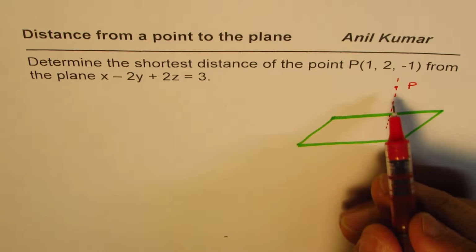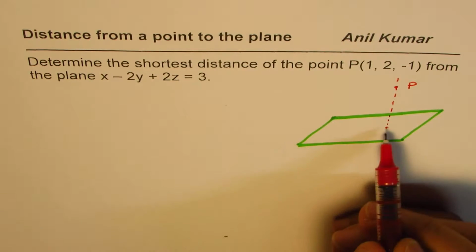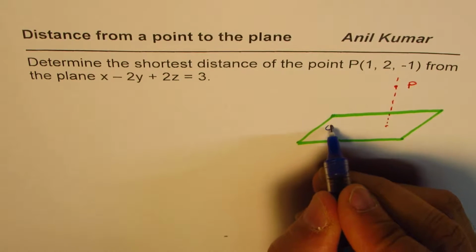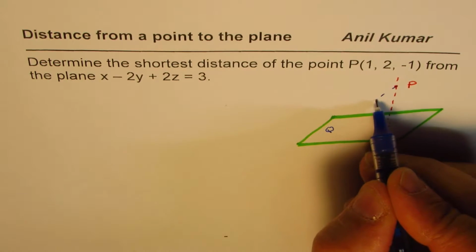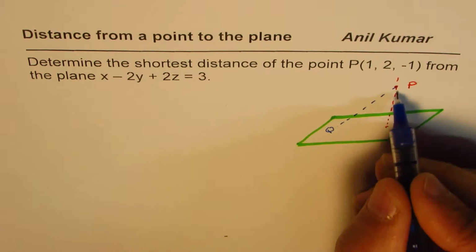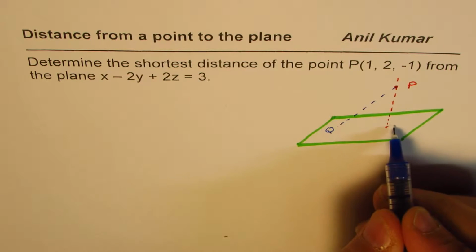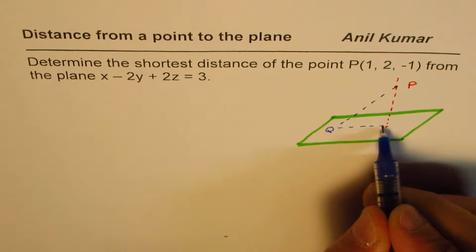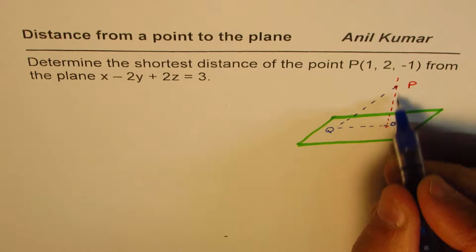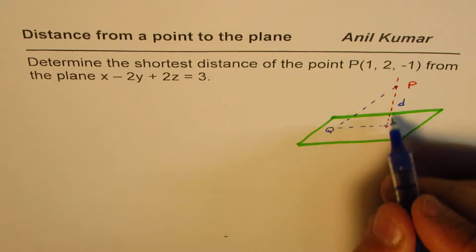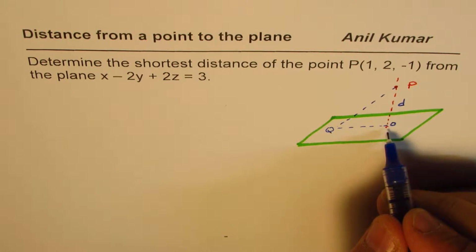But to find the foot of the perpendicular is very difficult, so we select any other point Q on the plane so that we find this distance PQ and then take its component along the normal. Let's say this point is O, then PO is D. The component of PQ along the normal is the shortest distance, right?